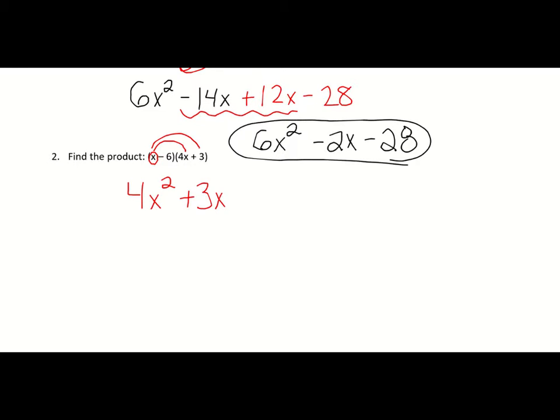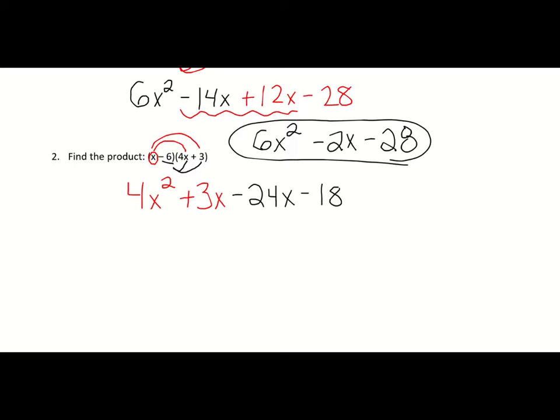And once you've distributed the first, you need to distribute the second term to everything in the other binomial. -6 times 4x would make -24x. -6 and 3 would make -18.